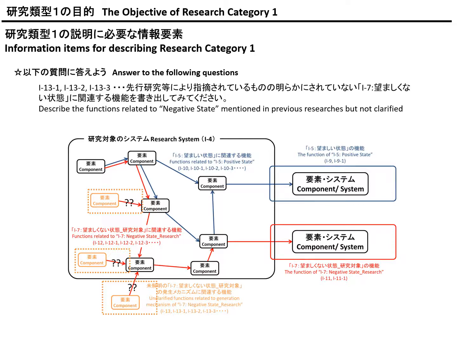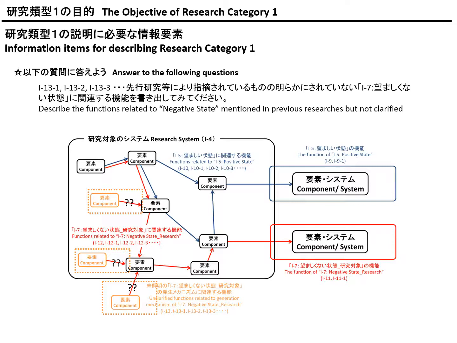Then if you are working on research category 1, what this means is that you are not satisfied with the explanation, actually the generation mechanism of negative state. Then what you're working on is you have probably got some hypotheses, other functions working as a reason why the negative state is generated.